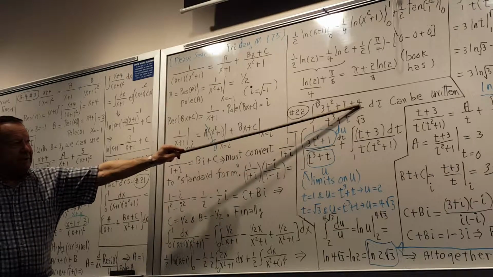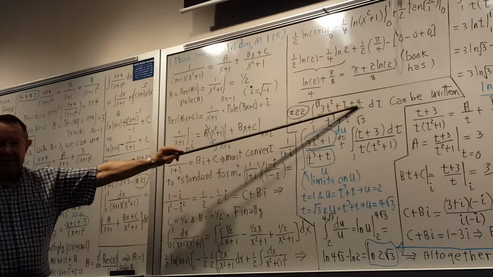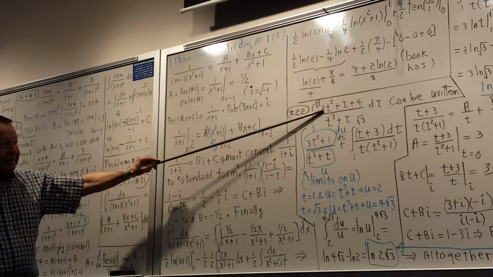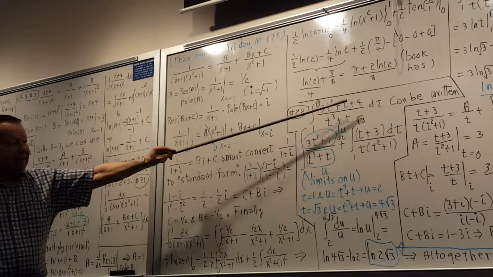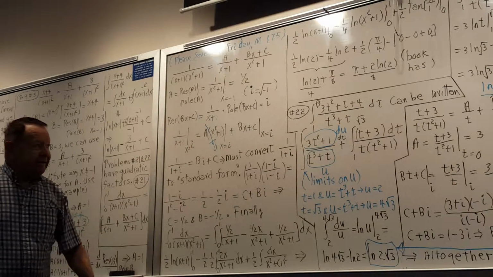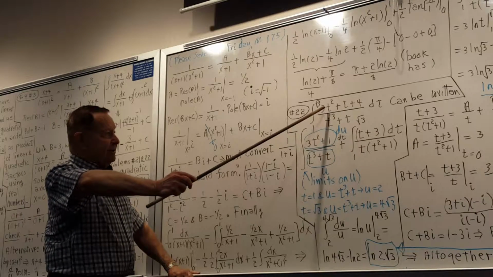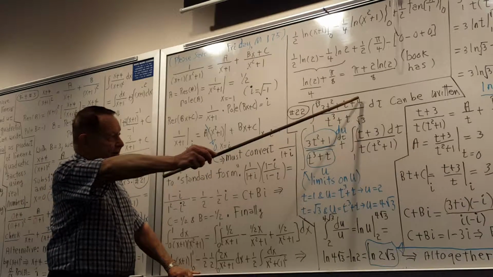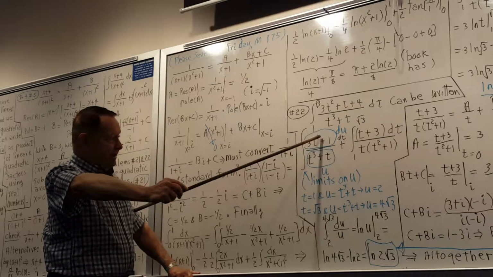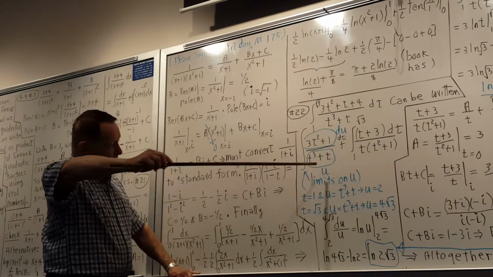So you could split the 4 here into 1 plus 3. You could rewrite this as 3t squared plus 1 plus 3 if you wanted, and so you could make this into 2 integrals. The 3t squared and a 1 out of this as a numerator, and this as a denominator.